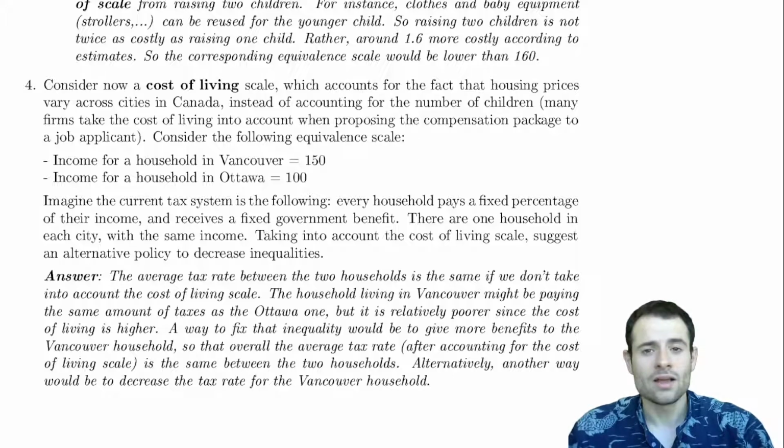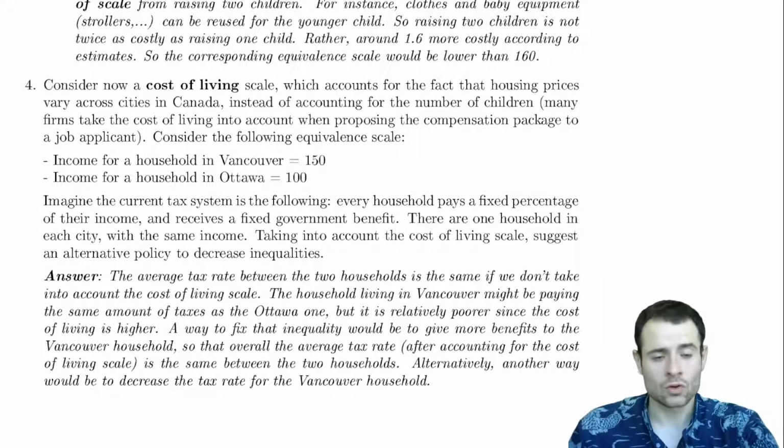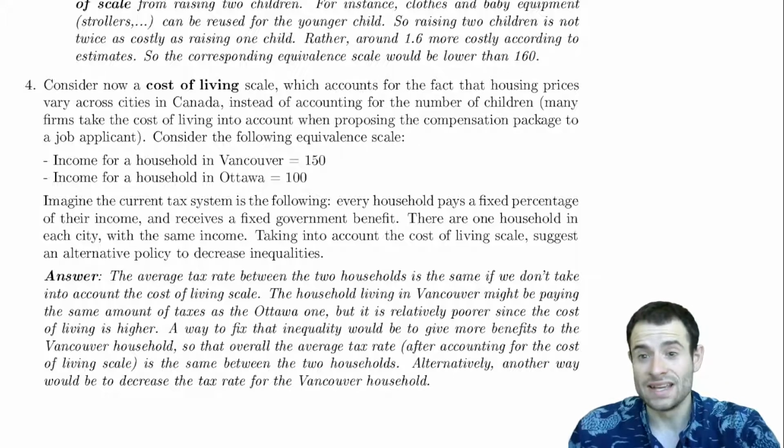And at the end of the day, even after receiving a higher benefit from the government than Ottawa households, the Vancouver households might still end up poorer because now the cost of living in Vancouver is even higher.